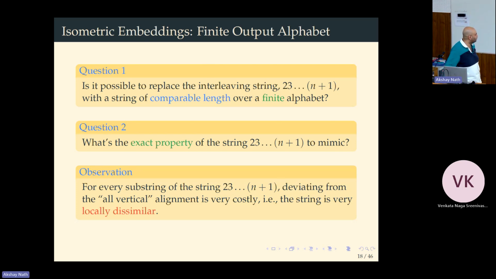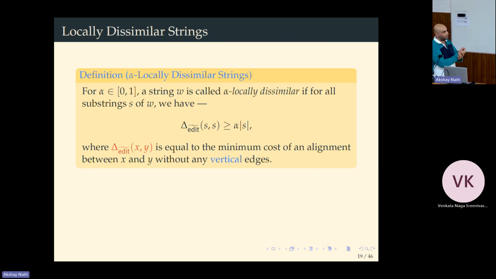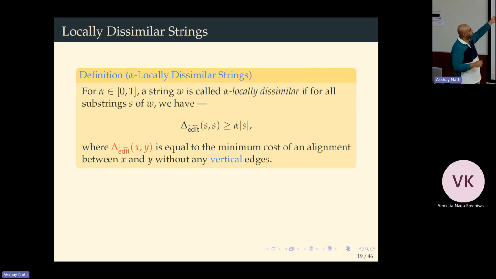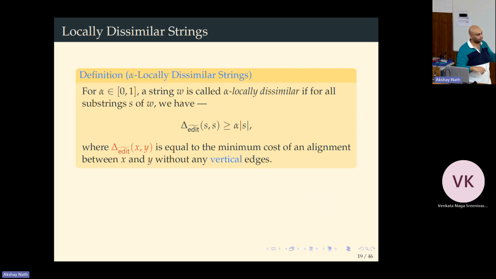Okay, so we want some dissimilarity property, which I'm going to formalize now. For some parameter alpha, we call a string W alpha locally dissimilar if you take any substring S and you try to align it with itself without allowing vertical alignments. For instance, your S could be 1010, and you try to align it with itself.